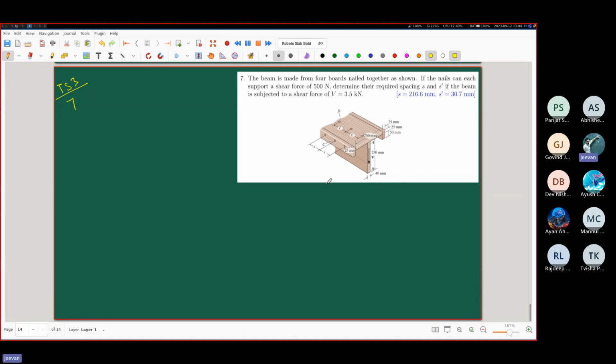Suppose I say naively that for the Q, I will only consider this bit, just this portion. Will it work out?